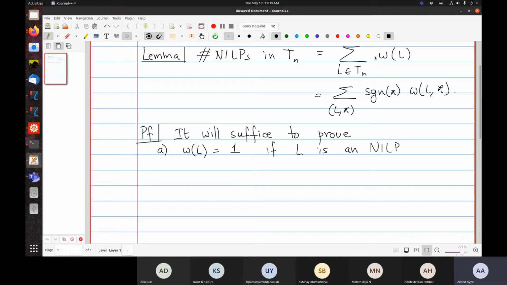So it will contribute with the weight 1 over here. And B, the sum over W of L is 0 over all intersecting L's. So if I can show this, I'm done, because then from B, the contribution only comes from non-intersecting lattice paths, and from A, each of them contributes 1, so you get 1. Okay, so I hope that's okay.